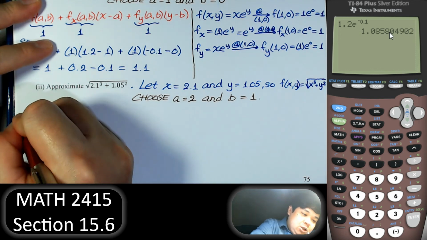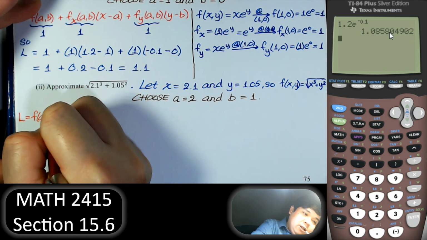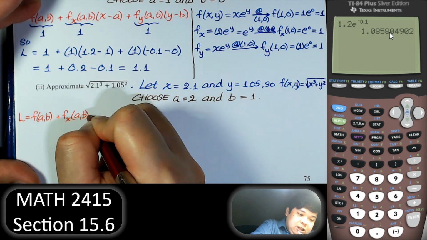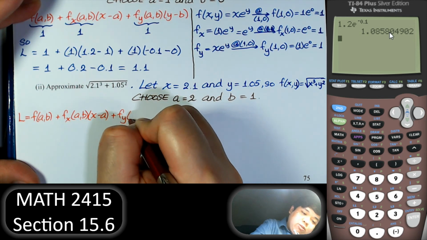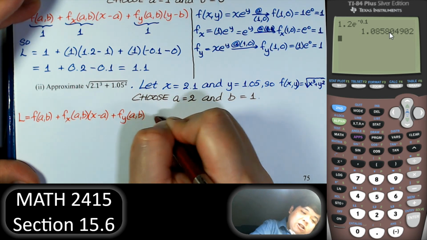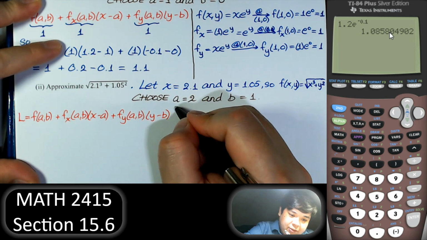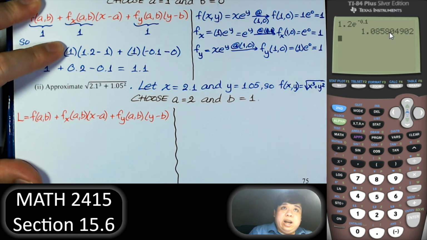Right. So the linear approximation: the function at a and b, plus the partial derivative with respect to x at a and b times x minus a, plus the partial derivative with respect to y times y minus b. Right. Now let's find all of those functions and derivatives.